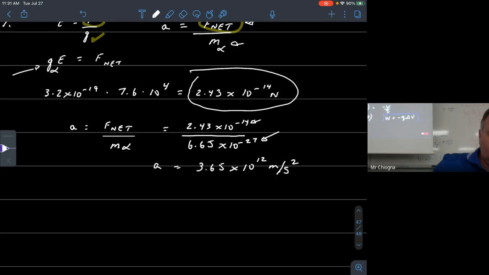It's negative Q delta V. You need to know that last equation here.